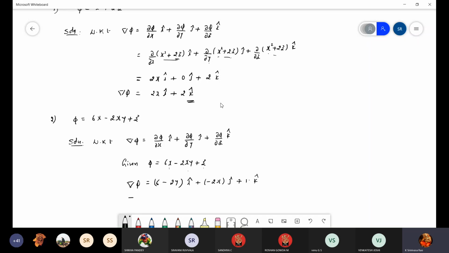Or directly you can write grad phi equals 6 minus 2y i cap minus 2x j cap plus k cap.